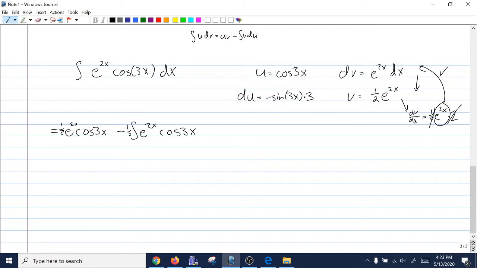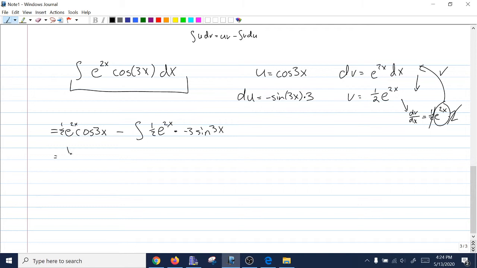We used to need to know how to do the integral of e to the 2x cosine 3x. Now we need to know how to do the integral of e to the 2x. Wait, what? I did this. Oh, I screwed this up. Oh, that's u. That's not du. Dang it. Sorry. Minus the integral of v, 1/2 e to the 2x, du is negative 3 sine 3x.